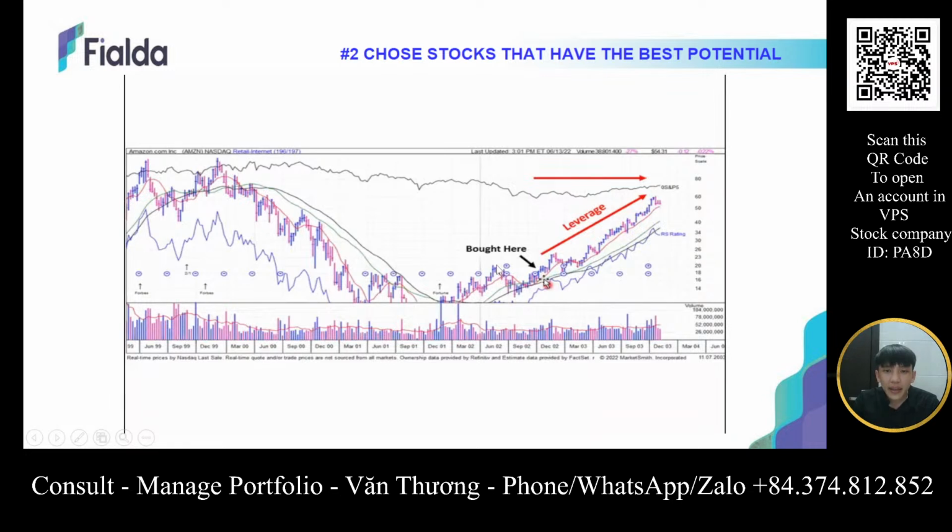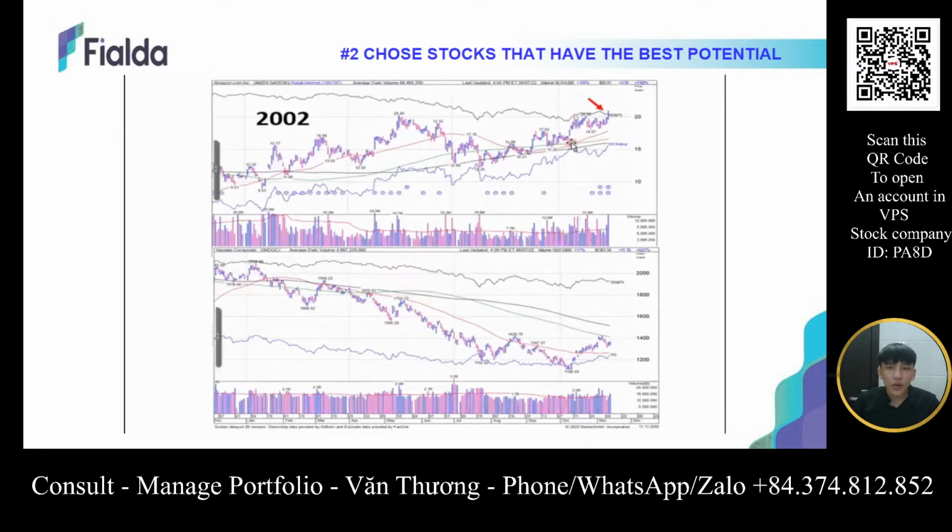And Amazon formed a VCP base here and Minervini bought here when this stock broke out of the VCP base. Look at the leverage. This stock went from 18 or 19 to 60 in just 1, 2, 3, 4 months. Wow, that's incredible, right? So the big return.